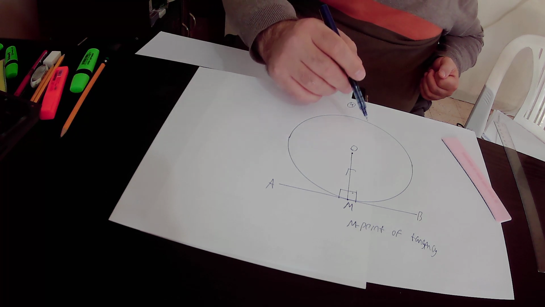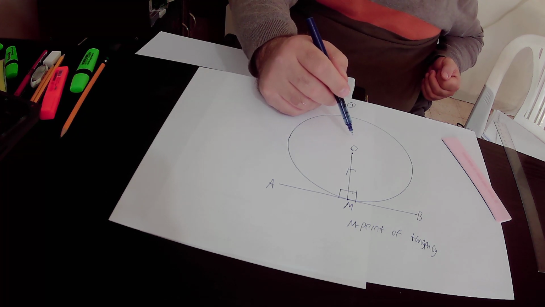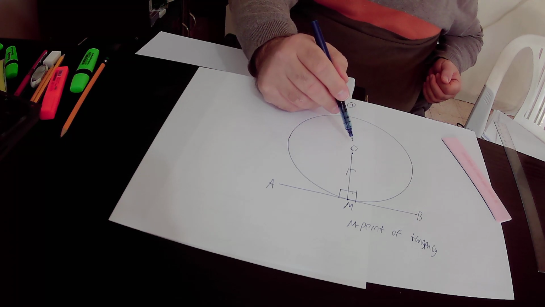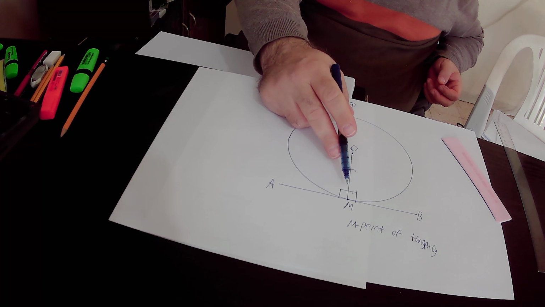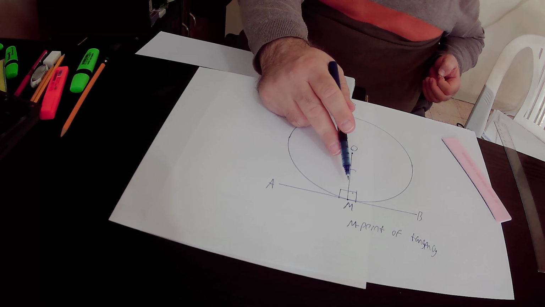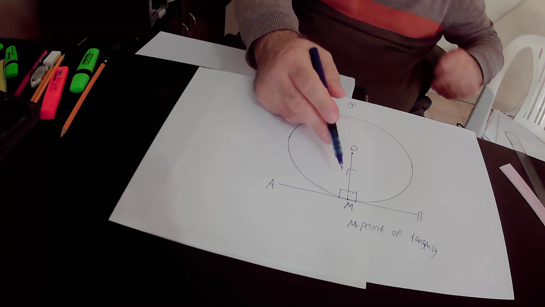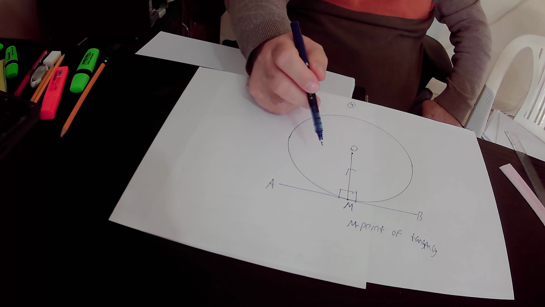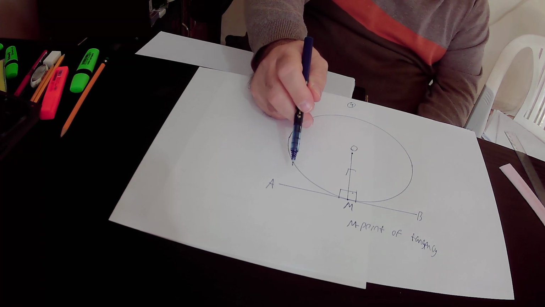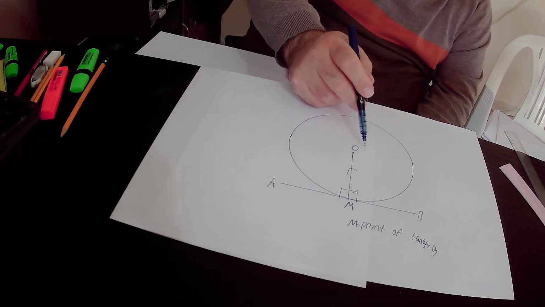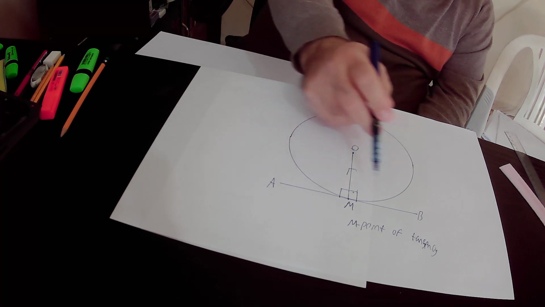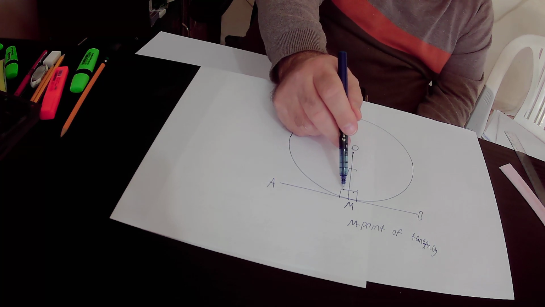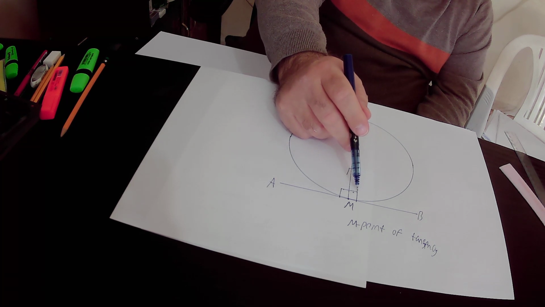So whenever you have a radius, like in this drawing, radius OM that is drawn to the point of tendency, that is to say, it is drawn to point M, that is the point of tendency of tangent AB with this circle, then the tangent will be perpendicular to the radius. In this case, the tangent AB will be perpendicular to the radius MO. That is to say, this angle will be equal to 90 degrees, and this angle will be also equal to 90 degrees.